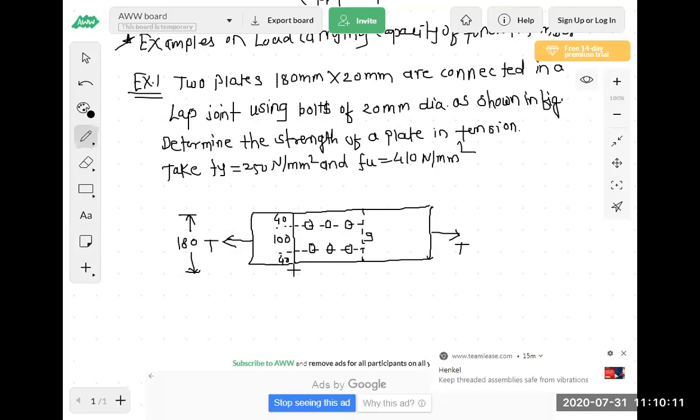And here also they have given this distance is 40 mm. Again, this is 50 and 50 and 40. Like this, they have given the figure.